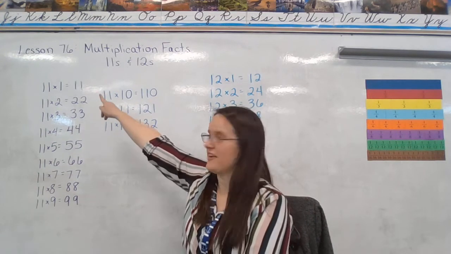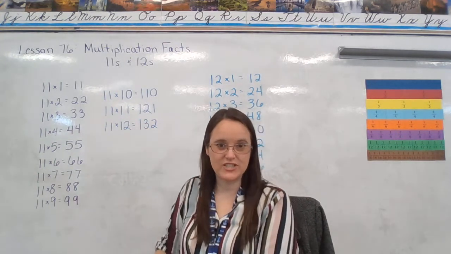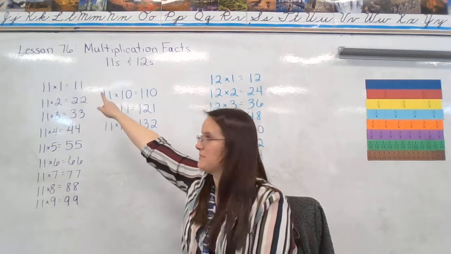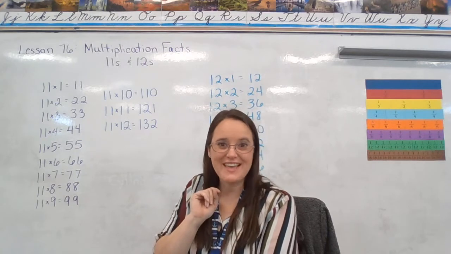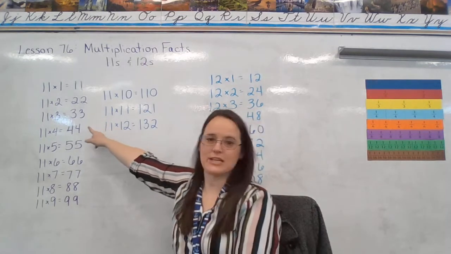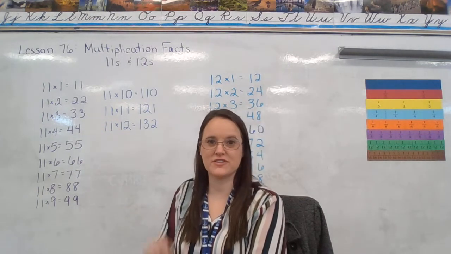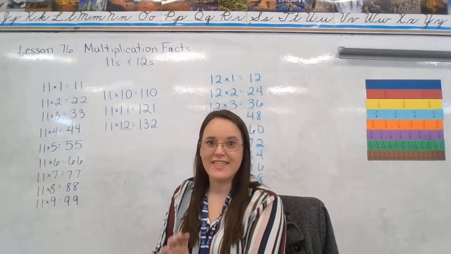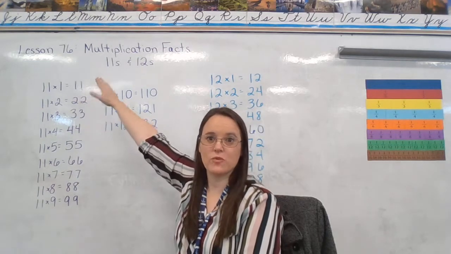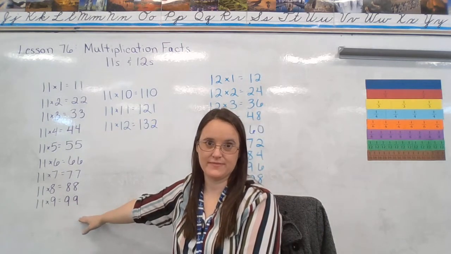Do you notice that our answers are just double digits? So if we're doing 11 times 1, our answer is going to be 1, 1, which is 11. If we're doing 11 times 4, our answer is 4, 4, which is 44. That pattern works for 1 through 9.